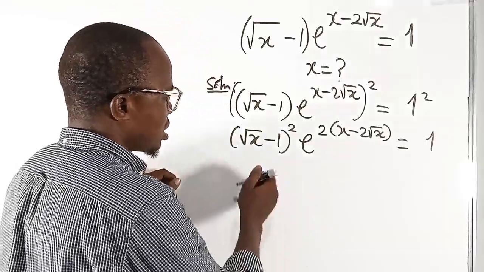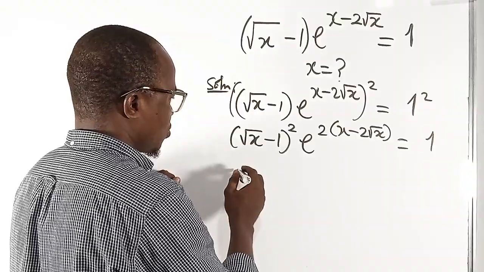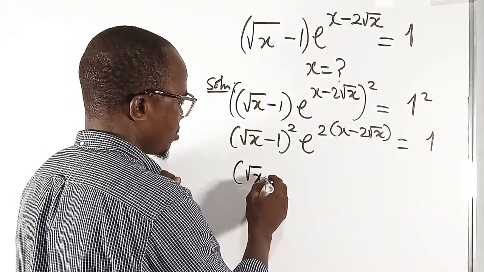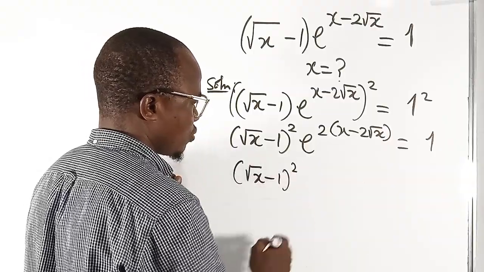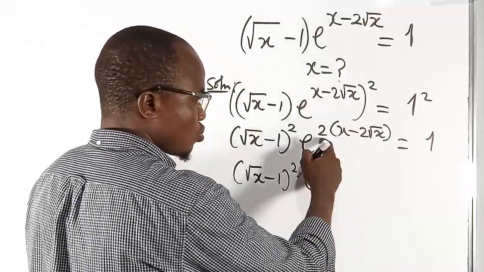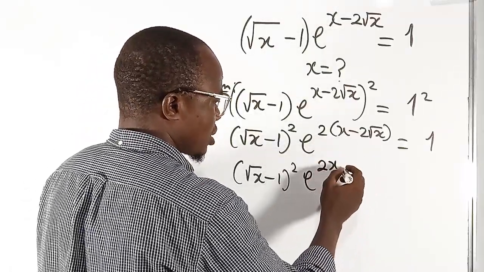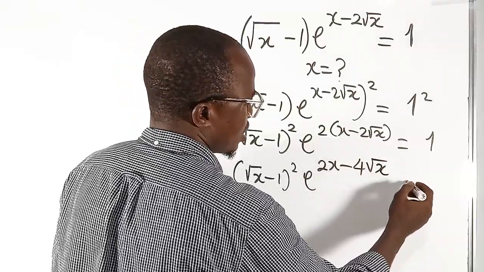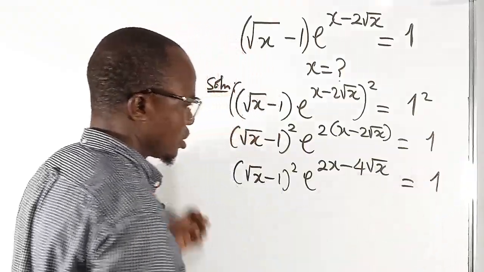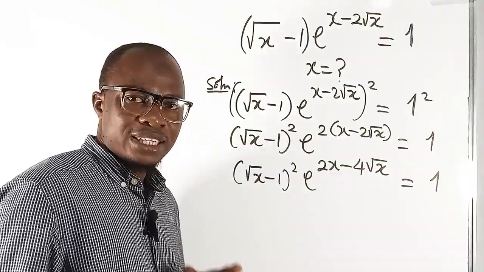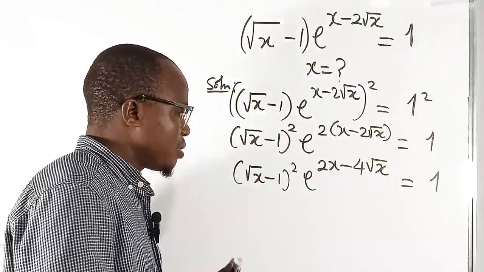So the next thing, let's try to open the bracket. Let's leave this one for now, (√x − 1) all to the power of 2. Then e to the power of, use 2 to open the bracket, we have 2x minus 4 root x, then everything equal to 1. Now another thing we are going to do is let's try to expand this.